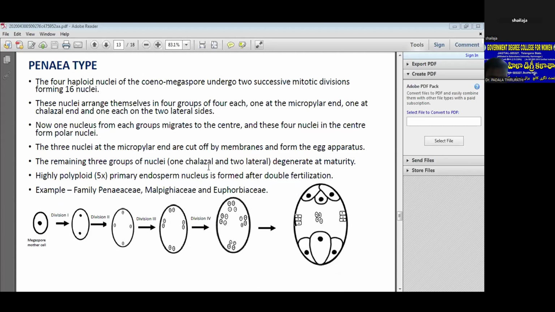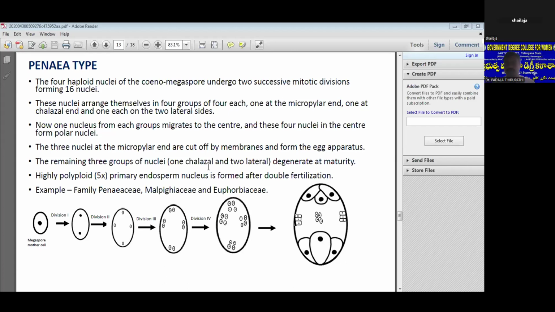These nuclei arrange themselves in 4 groups of 4 each, one at the micropylar end, one at the chalazal end, and one each on the 2 lateral sides. See here. Now, one nucleus from each group migrates to the center, and these 4 nuclei in the center form polar nuclei. So in these diagrams, I think it is very clear.